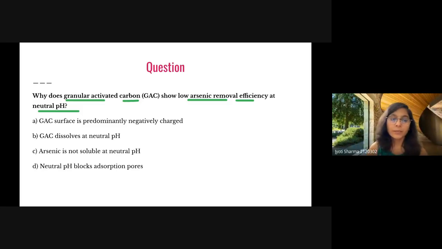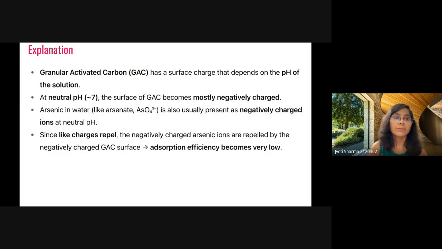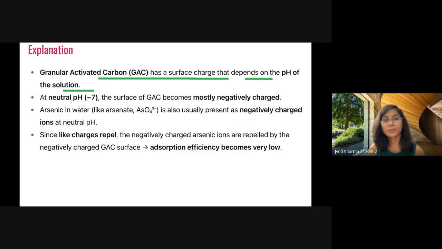Venkateshwara gave me A, that GAC surface is predominantly negatively charged. Yes, A is the right answer. And let me give you some explanation about this. GAC has a surface charge that depends on the pH of the solution. So if we have a neutral solution, pH 7, the surface of the GAC will mostly have a negative charge, and arsenic also has a negative charge.